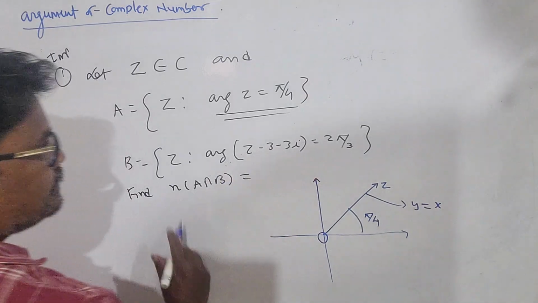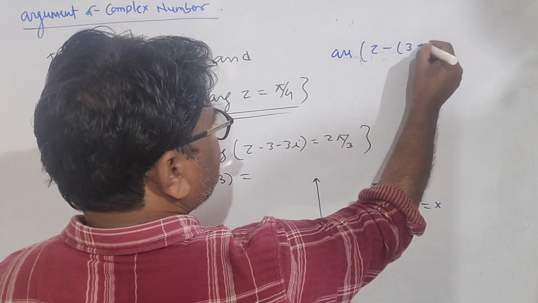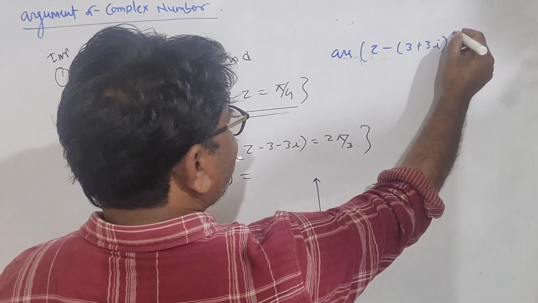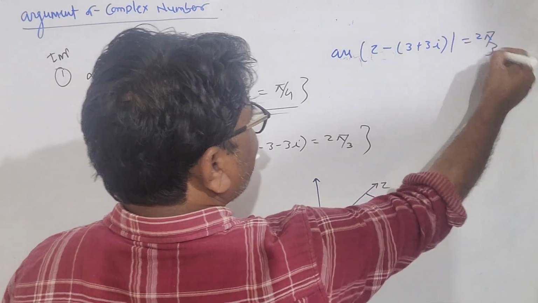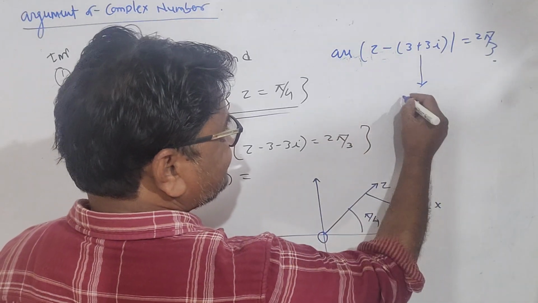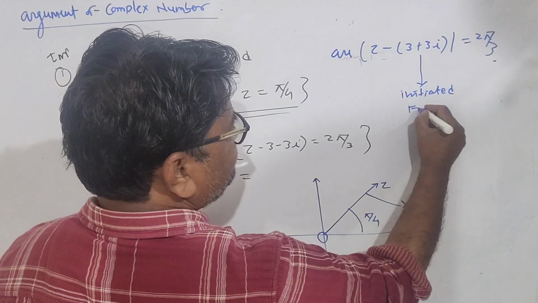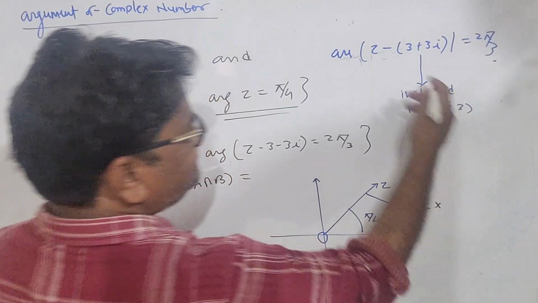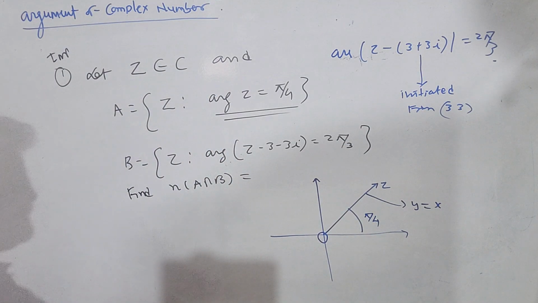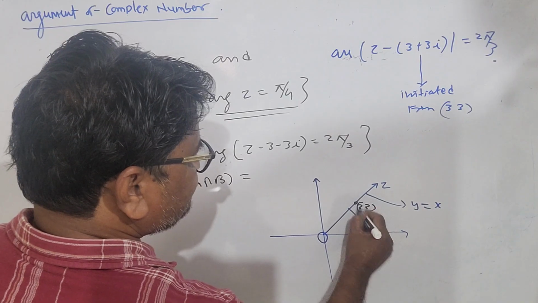Now coming to B, here the argument of z minus 3 plus 3 iota is 2 pi by 3. So this ray is initiated from (3, 3), isn't it? Suppose this is (3, 3), correct?